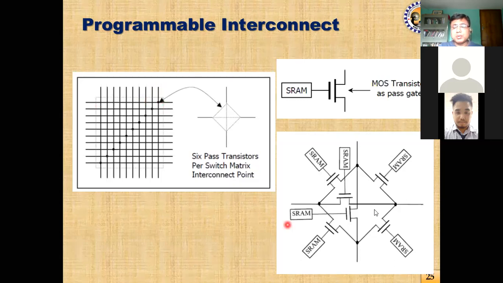Suppose at other point of time you want to connect these two, this line to this line. In that case, only this SRAM will be 1, this D flip-flop will be 1, so that this MOS will be in on state or saturation state, current will flow through this, and all other 5 will be storing a 0, so that they are disconnected. So that means this horizontal routing line will be connected to this line.